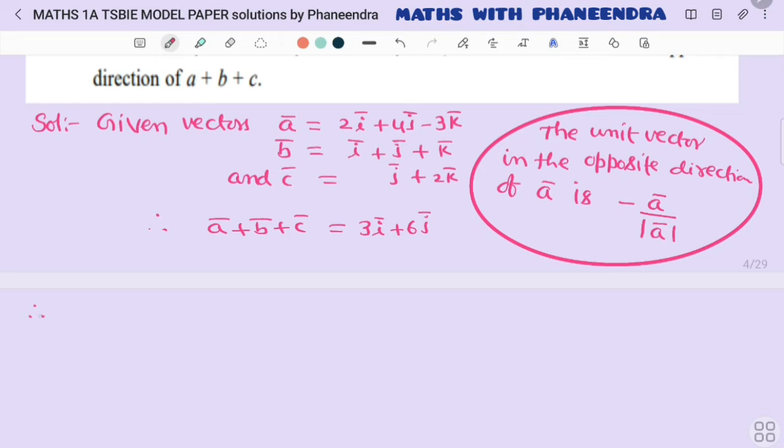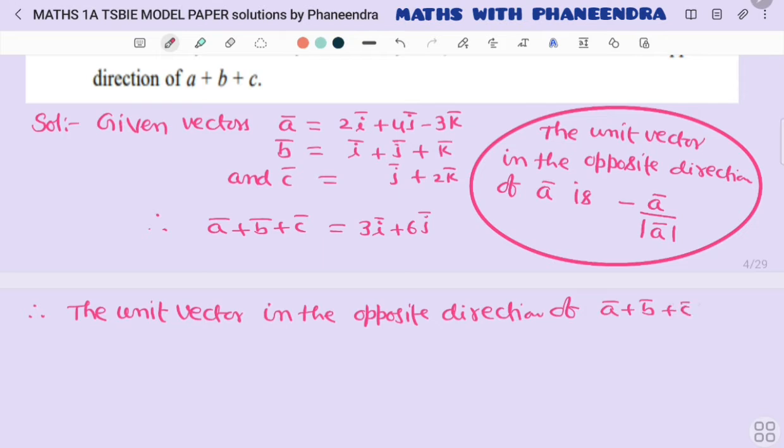So therefore the unit vector in the opposite direction of a bar plus b bar plus c bar is minus of a bar plus b bar plus c bar by modulus of a bar plus b bar plus c bar.